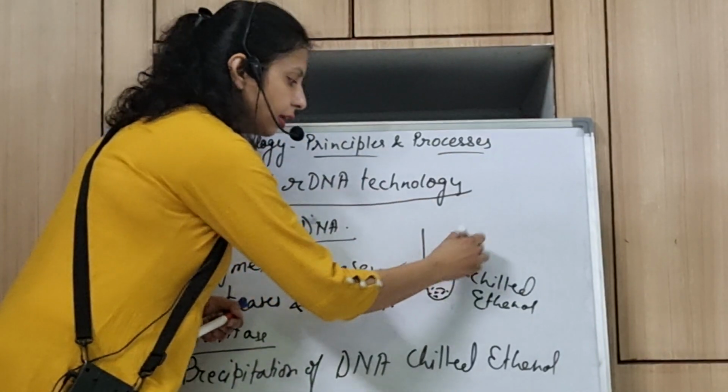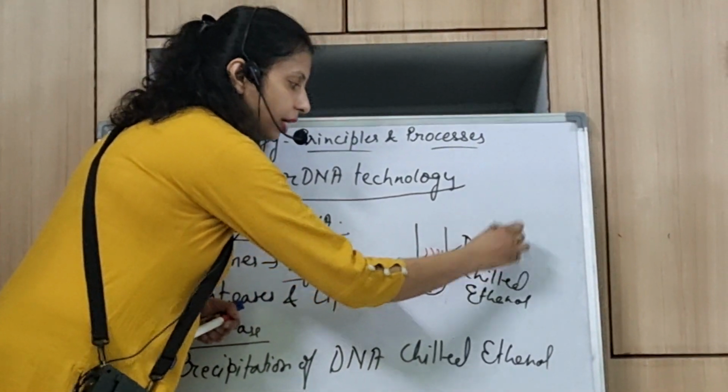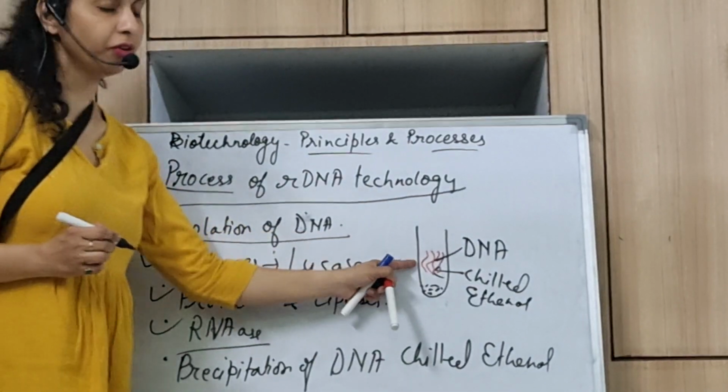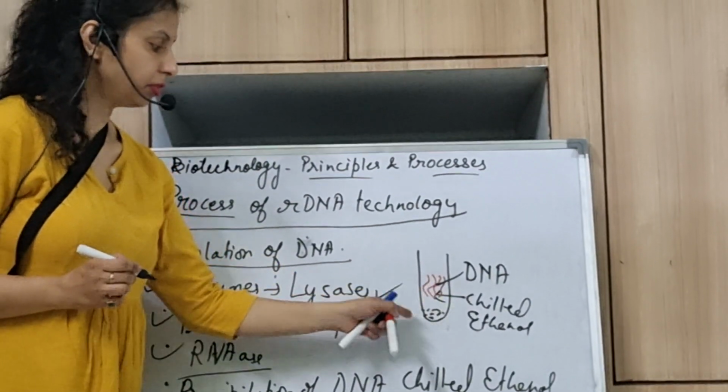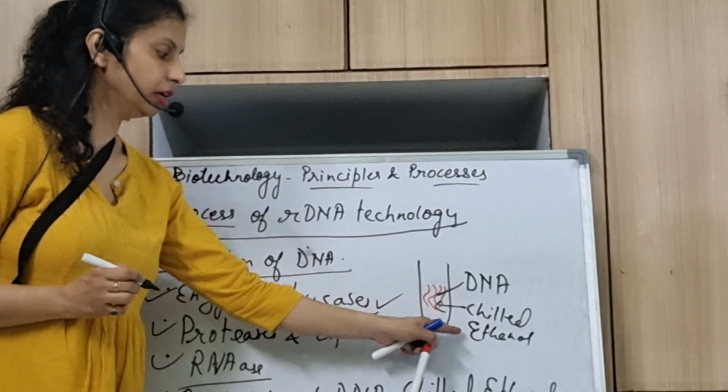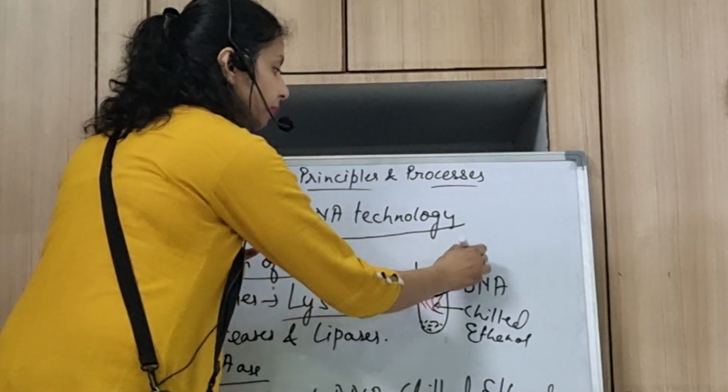This is our DNA. That process of removing the DNA from this mixture after adding chilled ethanol is called spooling.